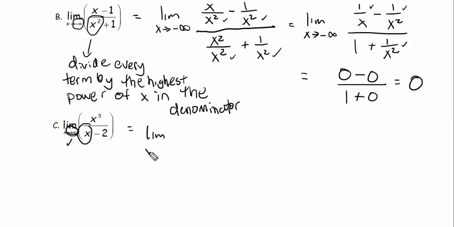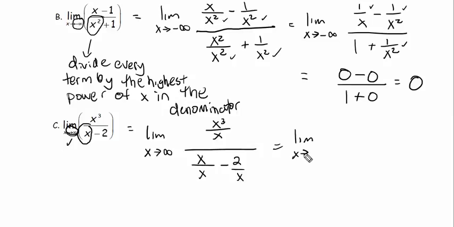So the limit as x approaches infinity of x cubed over x, over x minus 2 over x. Then I simplify: limit as x approaches infinity of x squared over 1 minus 2 over x.